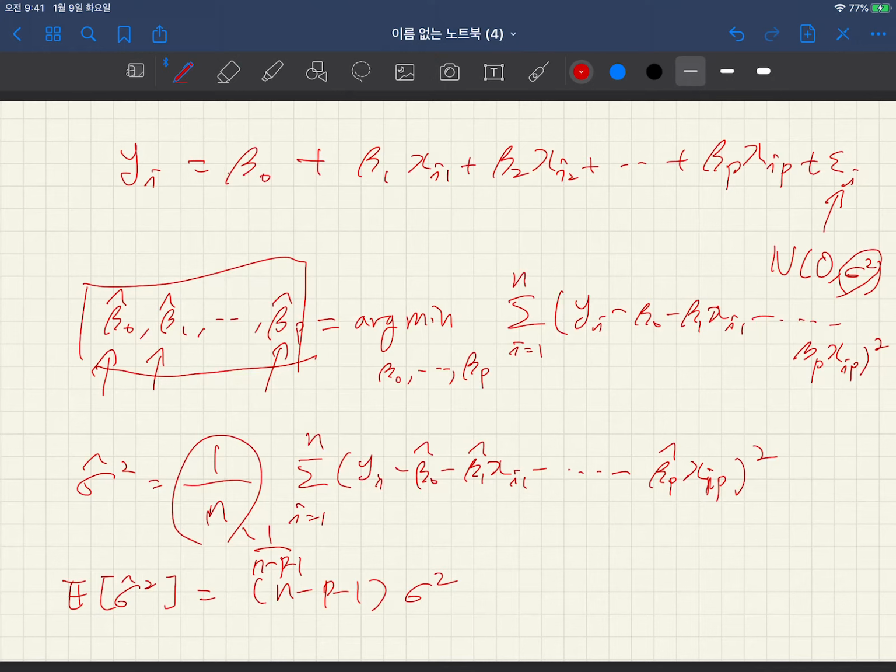For linear regression with p input predictors, because there are p plus 1 parameters, the degree of freedom to understand sigma square will be n minus p minus 1. So you have to normalize by n minus p minus 1.